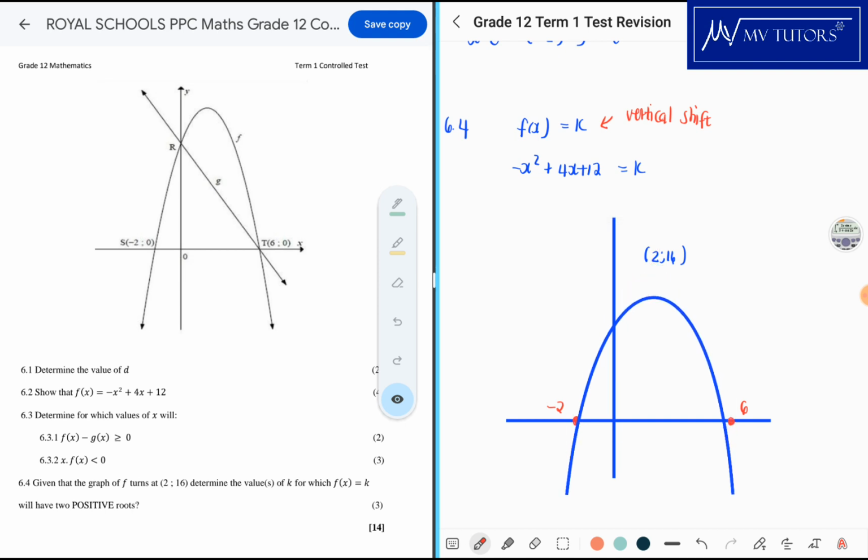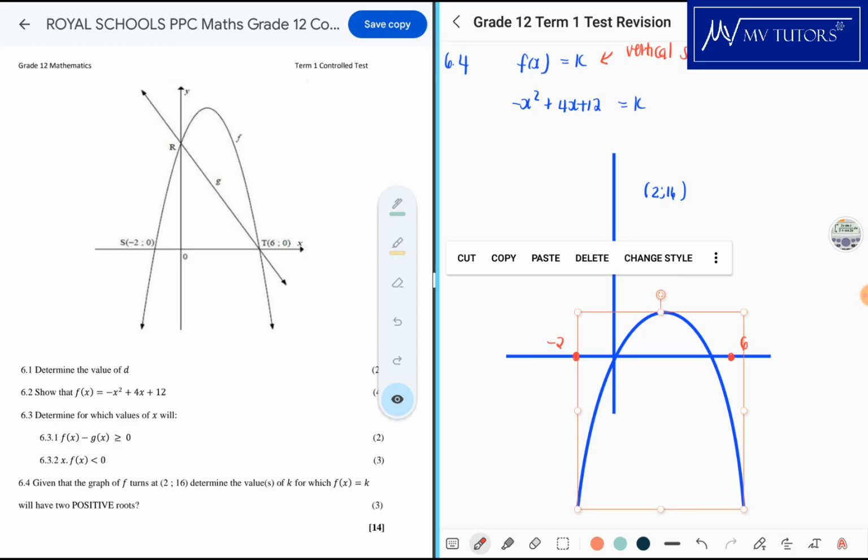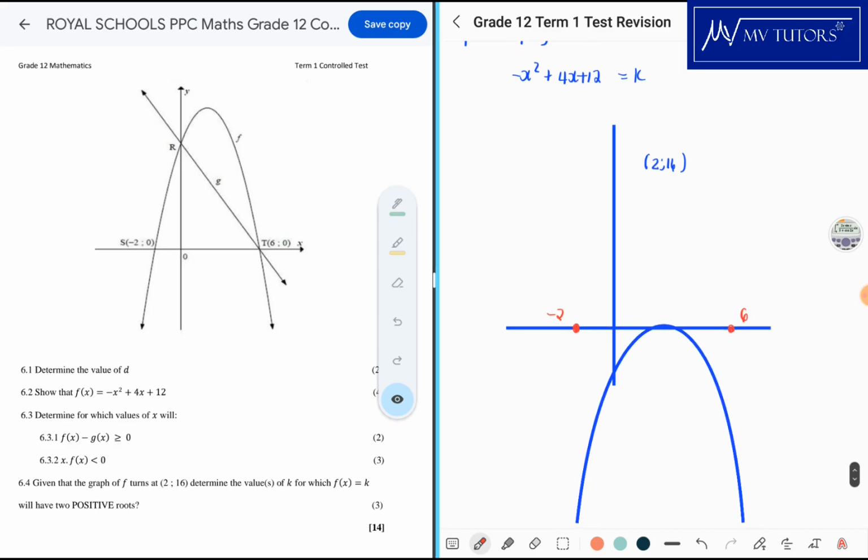So if I shift this downwards, I still have one negative, one positive until I get just past y is equal to 0. Okay, so just getting onto the negative, then it starts being positive. Okay, and it becomes positive until the turning point is on the x-axis.